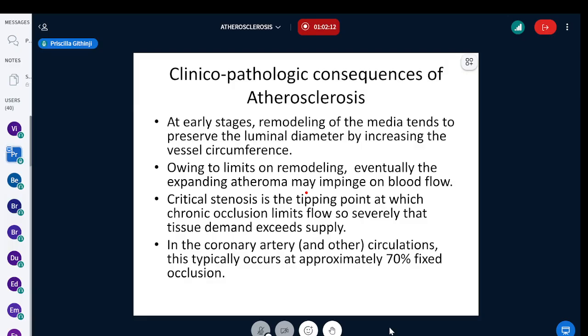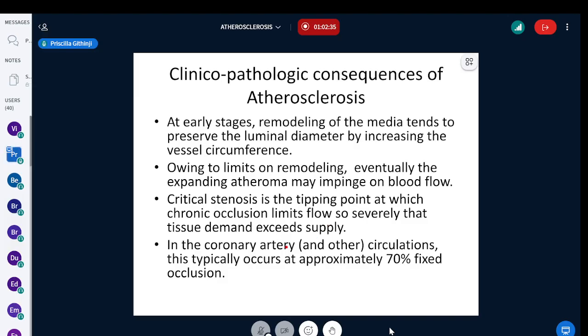So your body adapts. Remember the first lecture you had in pathology about cellular adaptation. So your body adapts. But owing to the limits of remodeling, eventually this expanding atheroma will impinge on blood flow.